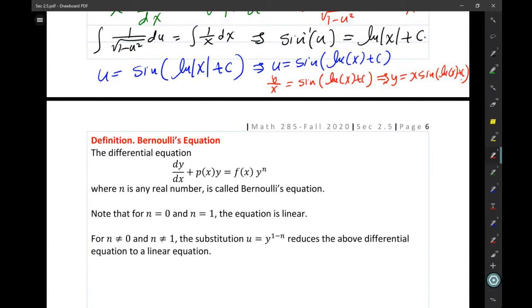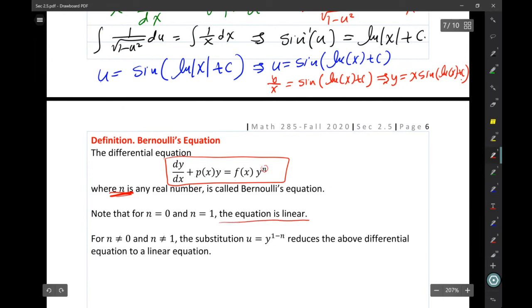I mean the differential equation written in the form dy by dx plus p of x times y is equal to a function f of x times y to the power n, where n is any real number. This one is called the Bernoulli equation. Now, if the value of n is equal to 0 or 1, this equation becomes a linear equation.